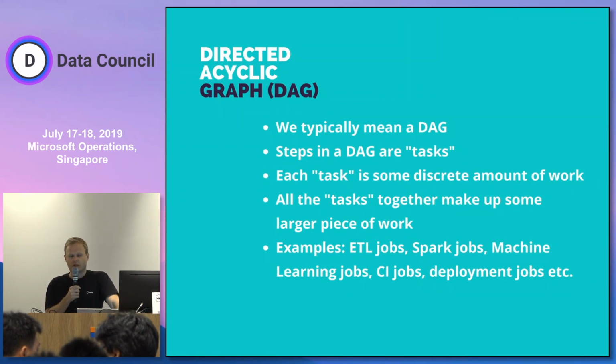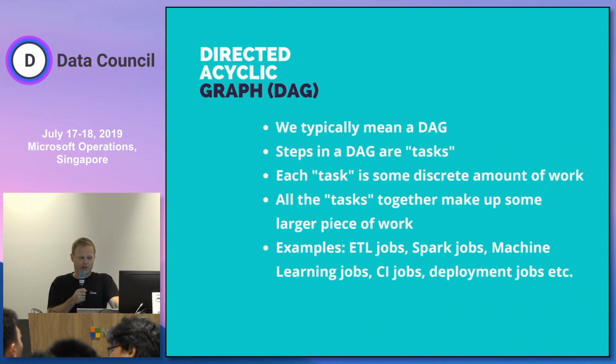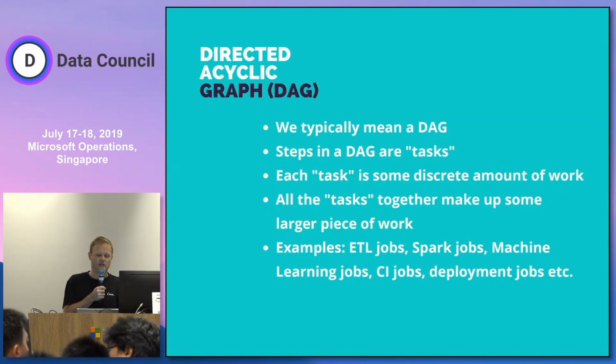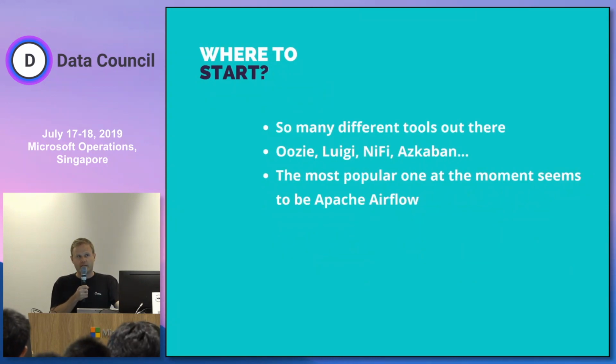All these tasks together make up some larger piece of work or a workflow. Some examples you might have come across may be an ETL or an ELT job, a Spark job, machine learning jobs, CI jobs, deployment jobs, the list goes on. Workflows clearly cover a very broad range of use cases.